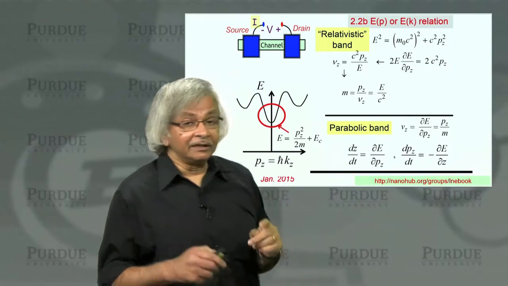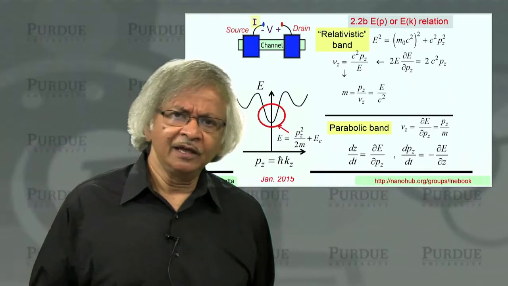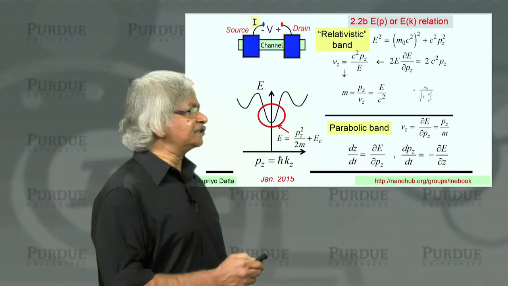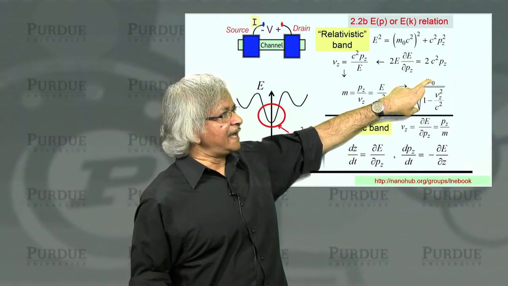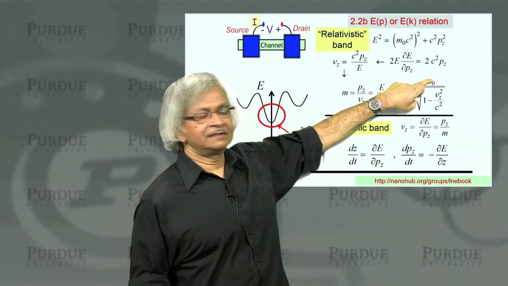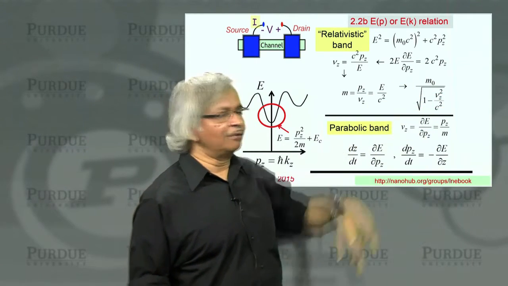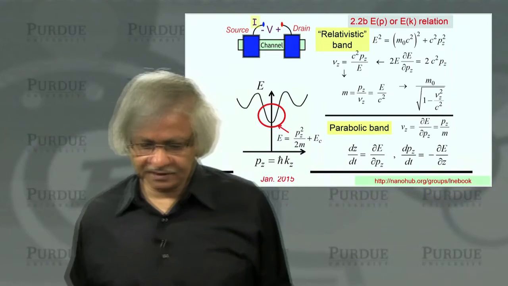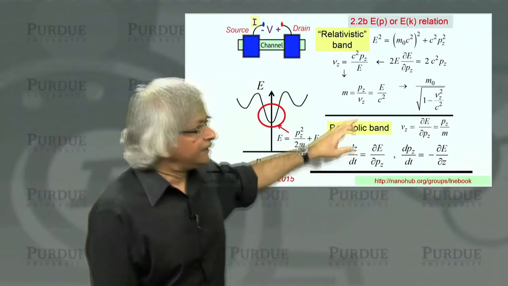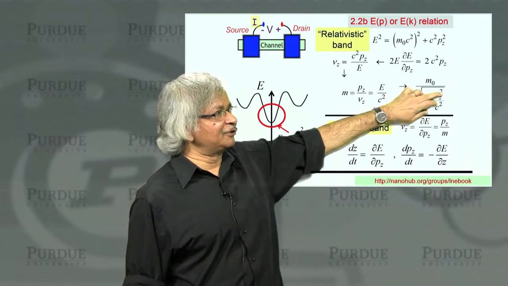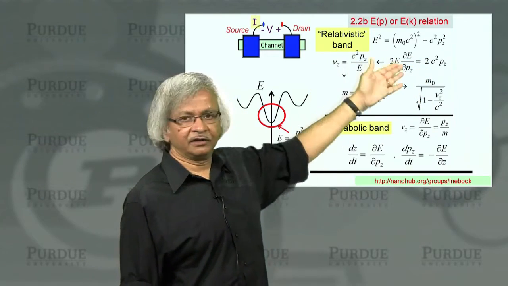With a little algebra, not quite straightforward, not something you'd see right away, but if you sat down and did it, you can show that this amounts to m0, which is called the rest mass, divided by the square root of 1 minus v square over c square. This is a form you might have seen in freshman physics, this relativistic enhancement of mass. When a particle travels close to the velocity of light, its mass gets very large, right? You have heard that statement.